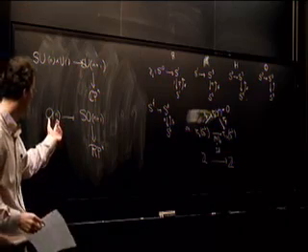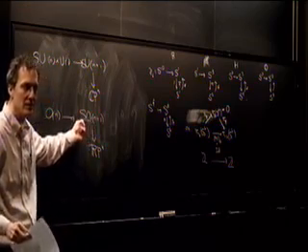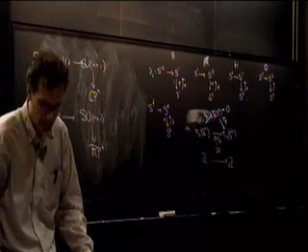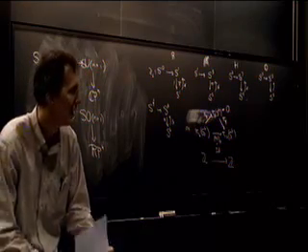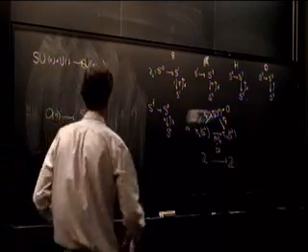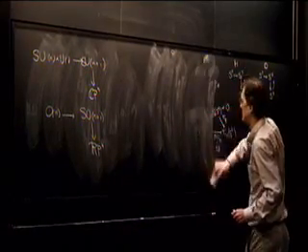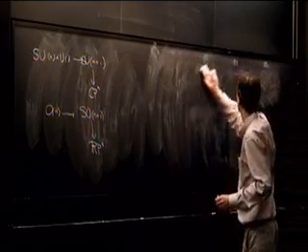Now, do you see how you can embed On into SOn+1? SOn+1 has determinant minus 1. But On can have determinant plus 1 or minus 1.